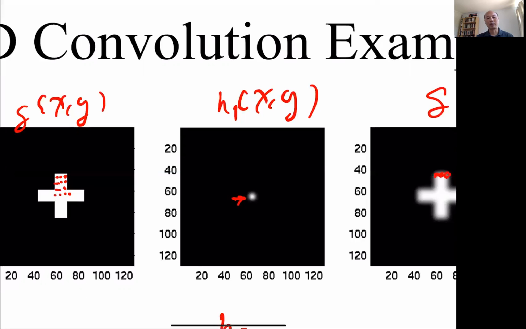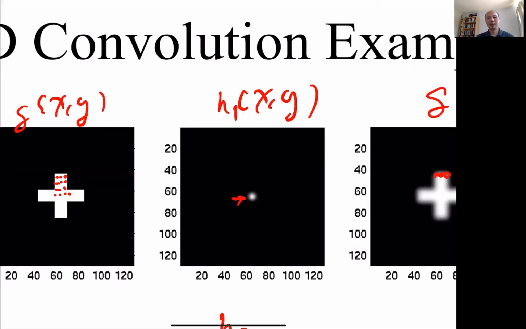That captures a couple of things. One is shift invariance, because I don't care where that dot was in my input image, it's always going to have the same response. The shape of that response doesn't vary, so it satisfies shift invariance. And the fact that I can add up those individual responses satisfies additivity.